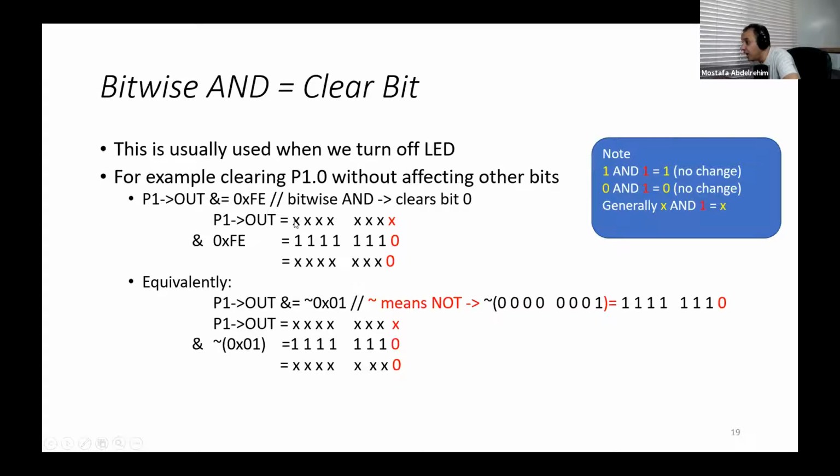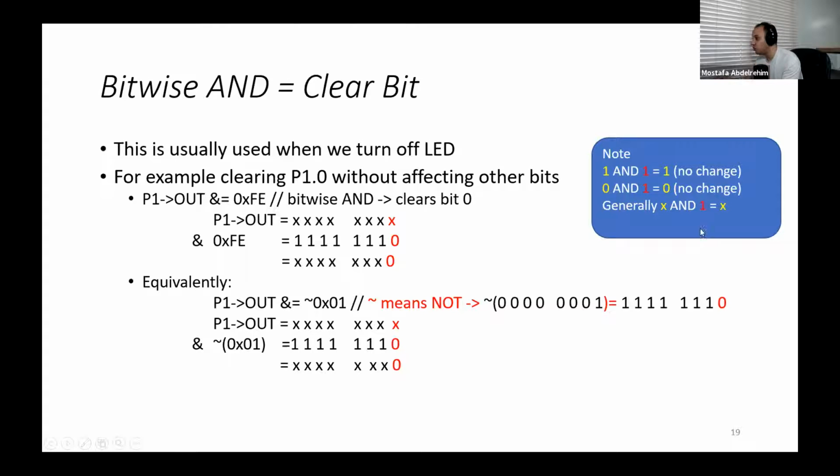Now when you bitwise AND, you AND bit by bit. So X AND 1: if X is 1, 1 AND 1 will be 1. If X is 0, 0 AND 1 will be 0. So you will not change the value, and that's the requirement. The rule is 1 AND 1 is 1, 0 AND 1 is 0. So whenever you AND with 1, there will be no change. The 1 will still be 1, the 0 will still be 0.